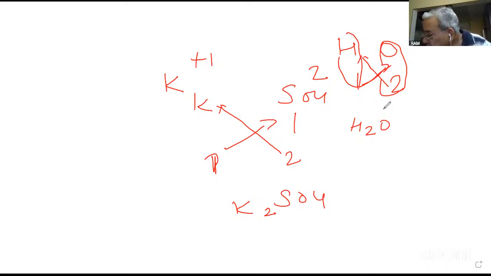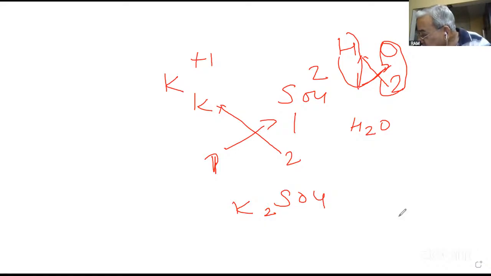Then rubidium hydrogen sulfate. Rubidium is having valency of 1 and hydrogen sulfate, HSO4, is having valency of -1. See, HSO4 is already a compound, right?